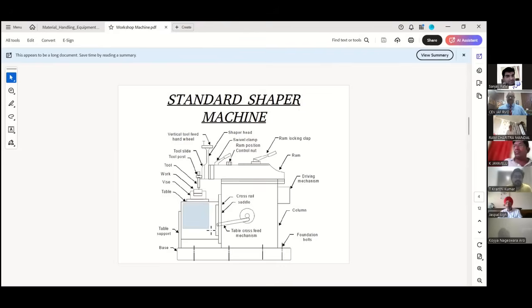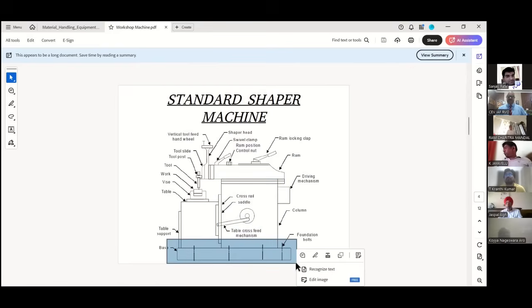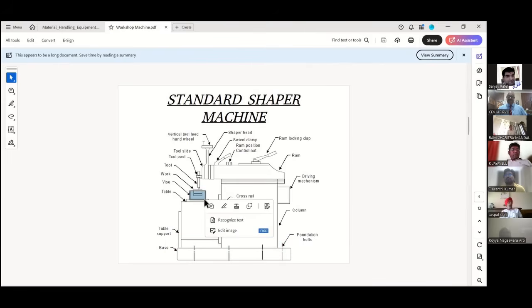So it is your job post, or say table. It is a tool post where the tool is located. This part is called the ram. This part is called the column, sorry. And to support your tool post and column, there is a base. So it is a vice, meaning to put your job work tightly, and your tool will cut in a horizontal or inclining form.